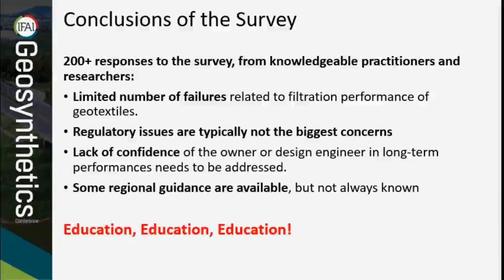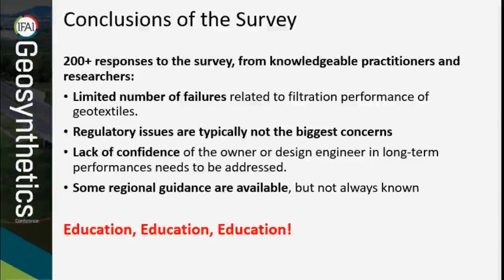So, as a conclusion, out of 200 responses to the survey, the key fact we took from it was that there is a limited number of failures related to the filtration performance of geotextiles. Regulatory issues are typically not the biggest concern. They may sometimes slow down the adoption of geotextiles, but it's usually not the most problematic situation.